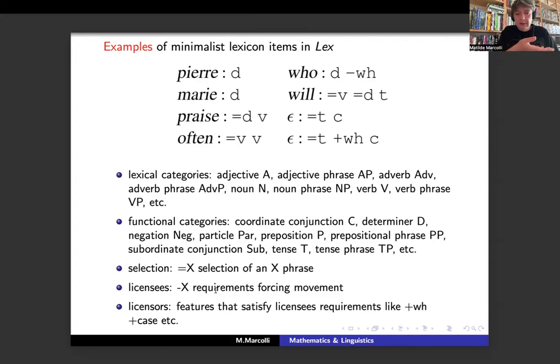And the licensee is correspondingly this minus X, which is that kind of labeling that is required to be able to force movement at that point in the structure. And the licensor feature is the one that you need to match in order to be able to do movement, like WH for WH movement or case and so on.